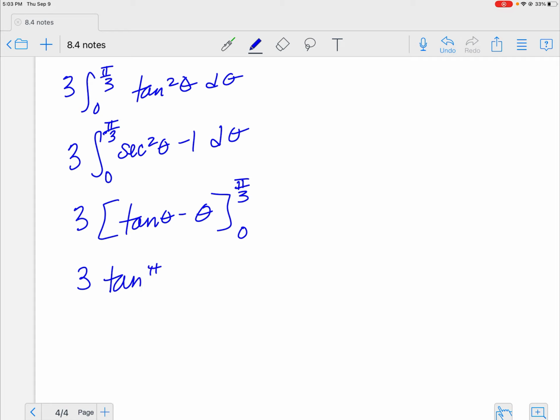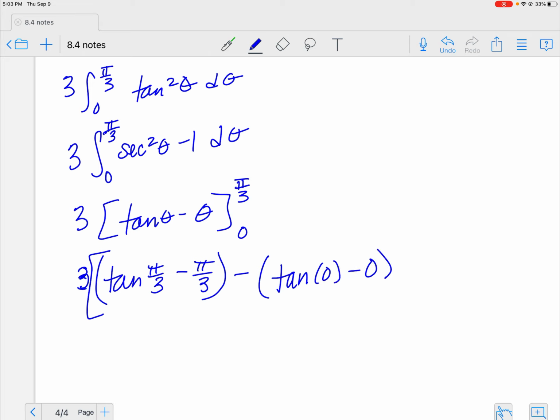So I now have 3 times the tangent of pi over 3 minus pi over 3, minus the tangent of 0 minus 0. Which both of those are 0.